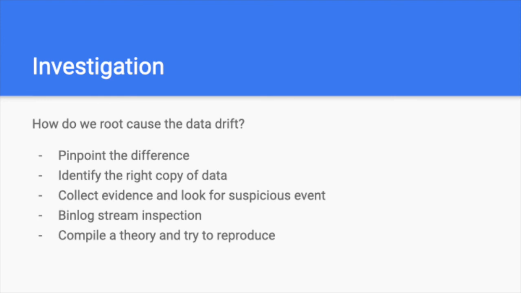Once we identify the data drift, we also form best practices regarding how to actually root cause the data drift and then fix it, which is also the trickiest part, because there's never a consistency issue that is repeated. Every single case is sort of new. We need to reason about it and try to guess where exactly the issue is. Once you pinpoint the differences, the first hard step is to figure out the right copy of data.